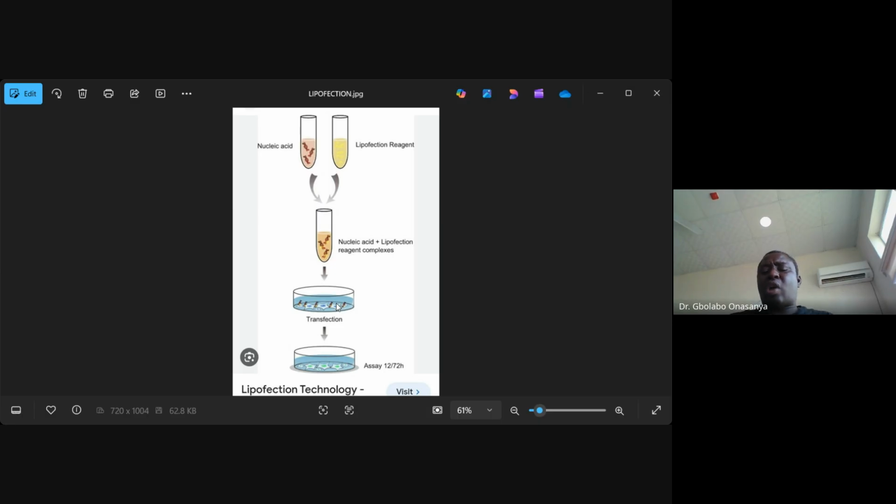After 12 to 22 hours, we will have a complex of nucleic acid and lipofection reagent, and this is what we will now use to deliver into host organisms or host cells.